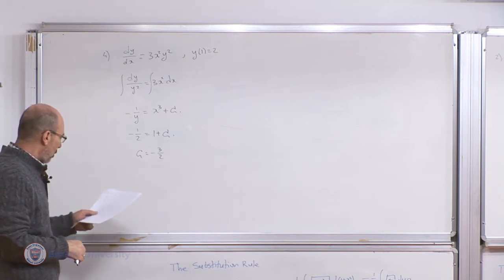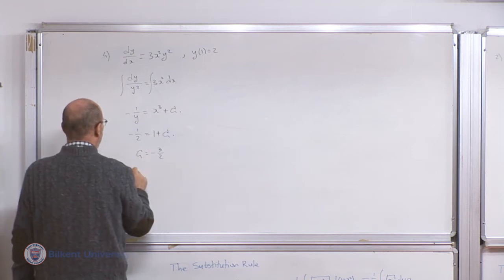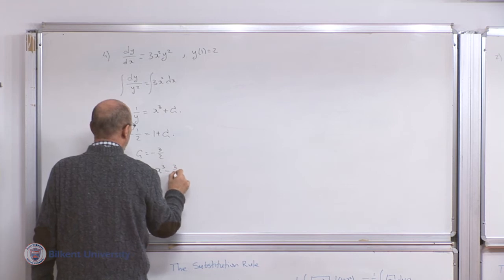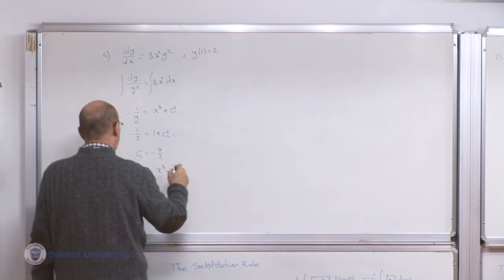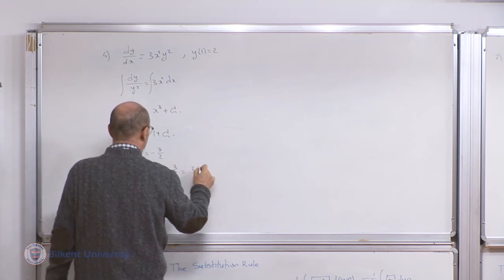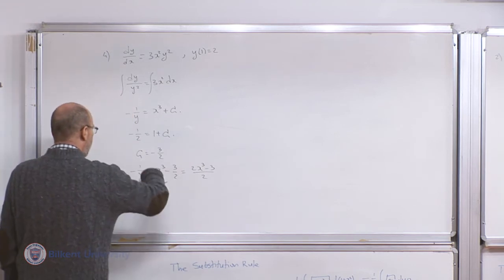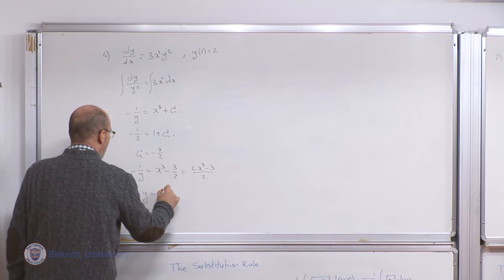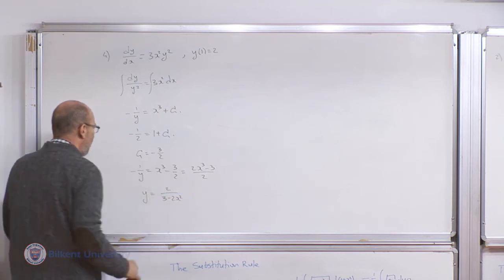Okay, so we get minus 1 over y is equal to x cubed minus 3 over 2. So let's play the other game, because I want to reverse this, this is 2x cubed minus 3 over 2. Now I reverse these and multiply by minus 1. y is equal to 2 over 3 minus 2x cubed.